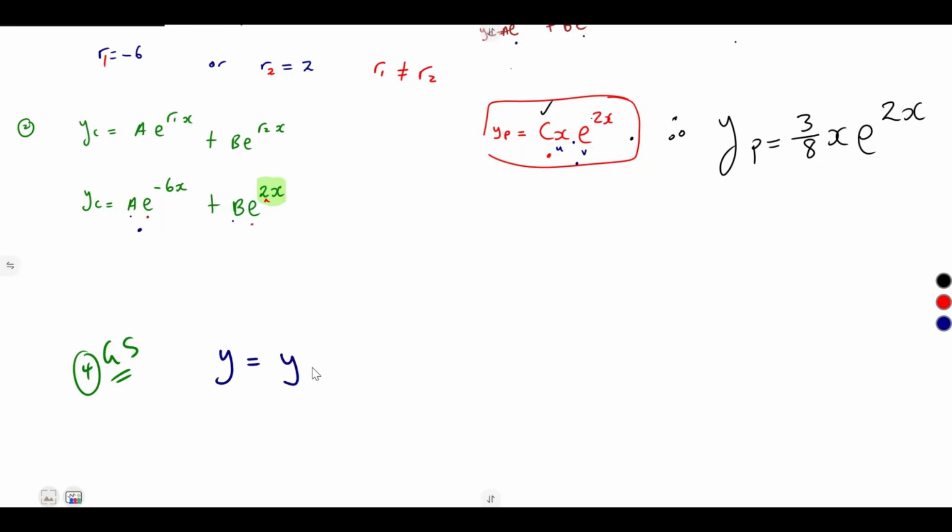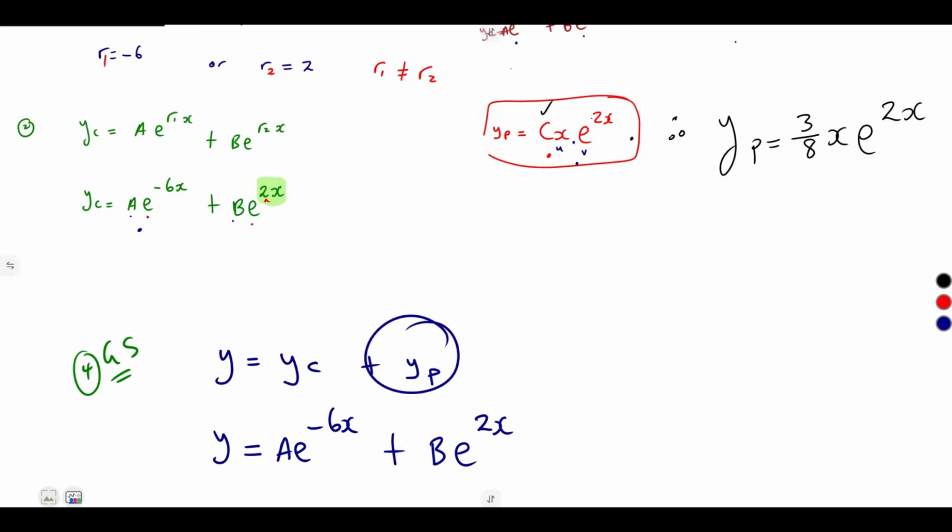So that's yc plus yp. Yc is a e to the exponent of negative 6x plus b e to the exponent of 2x. Adding our particular integral, which we obtained in exact form since we have got the value of c, we write 3 over 8x e to the exponent of 2x. That is your general solution.